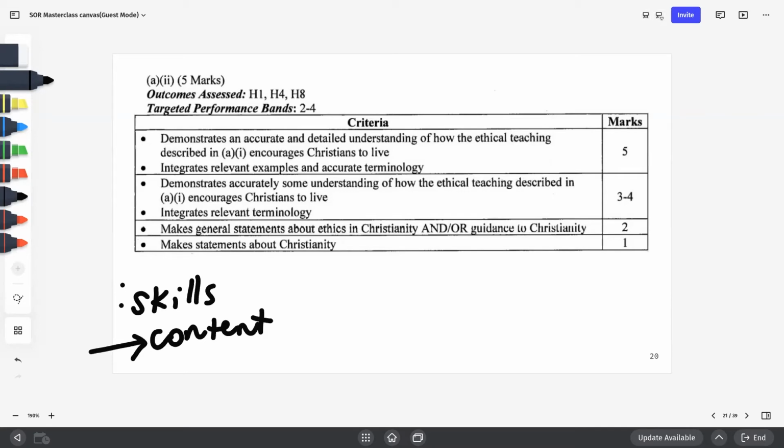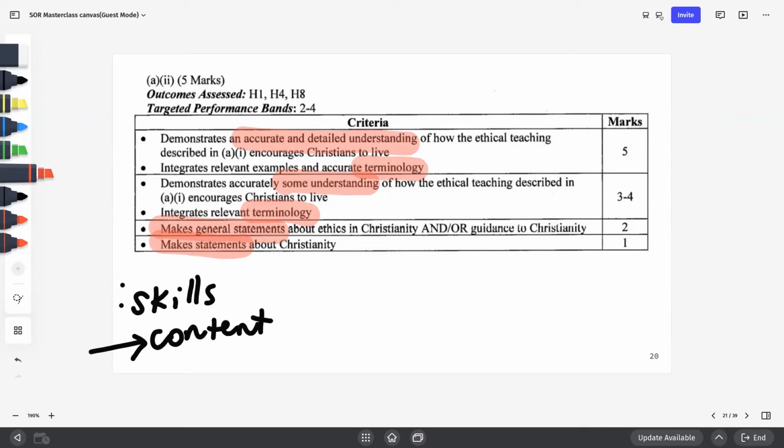So let's say that red is our content. So this, making statements, making general statements, some understanding, terminology, detail, accurate and detailed understanding. That's all your content.